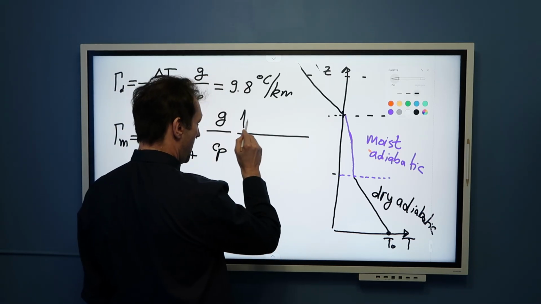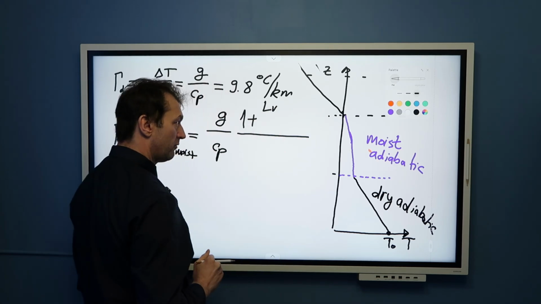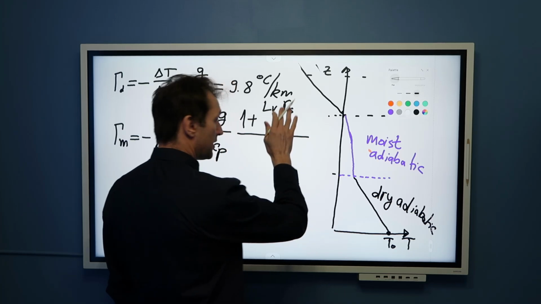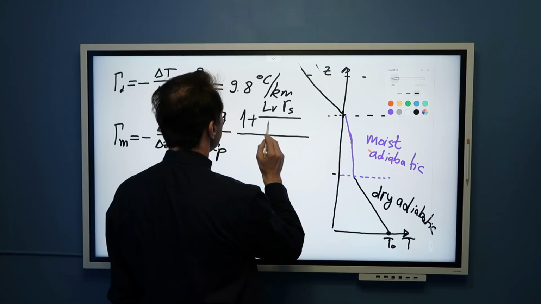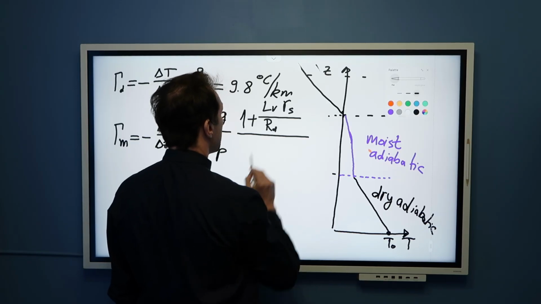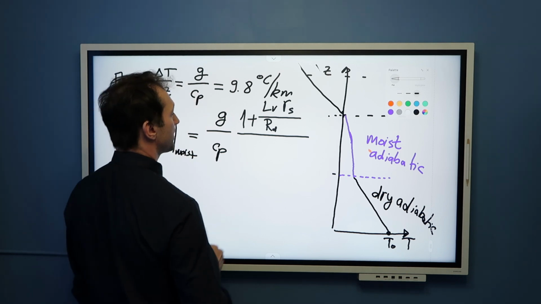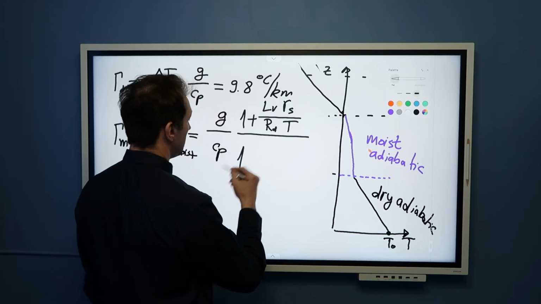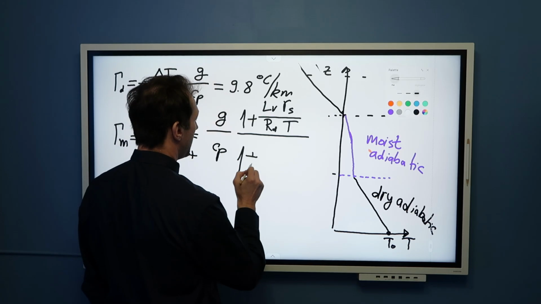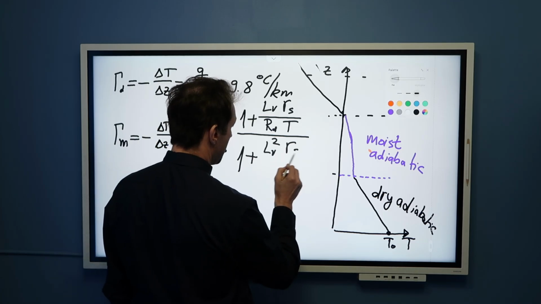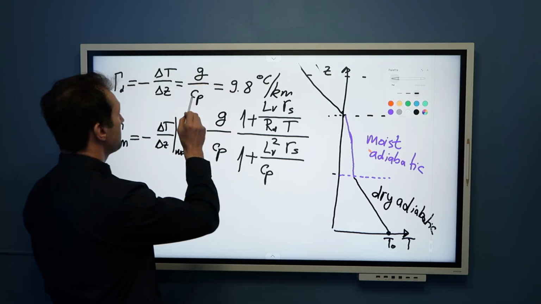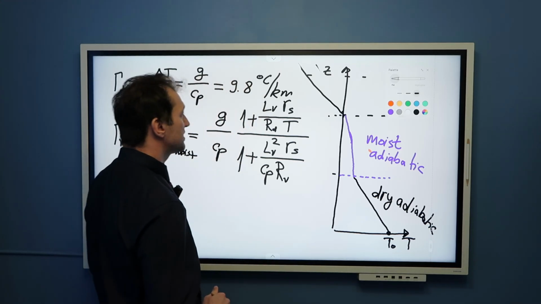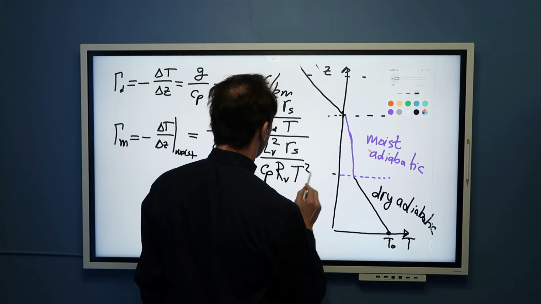Here we have 1 plus Lv, latent heat of vaporization, 2,500,000 joules per kilogram of water, times Rs, saturation mixing ratio, divided by Rd, gas constant of dry air, 287 joules per kilogram per Kelvin, times temperature T. In the denominator, we have 1 plus Lv squared Rs divided by Cp, this same Cp, times Rv, gas constant for water vapor, 461 joules per kilogram per Kelvin, times temperature squared.